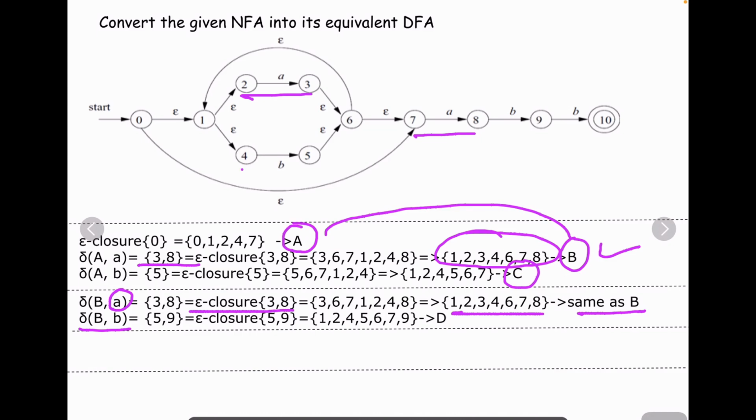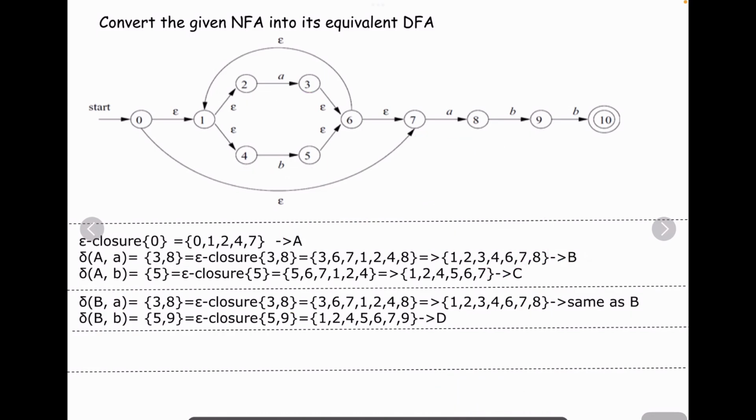One is from 4 to 5, that is 5, and another is 8, which exists in B. 8 on b goes to 9, so that is the reason for {5, 9}. Once you get {5, 9}, find the e-closure again. E-closure of 5 is 5, 6, 7, 1, 2, 4, and e-closure of 9 is 10.